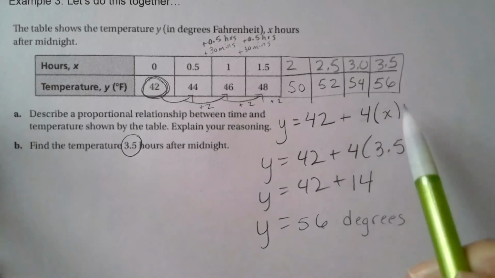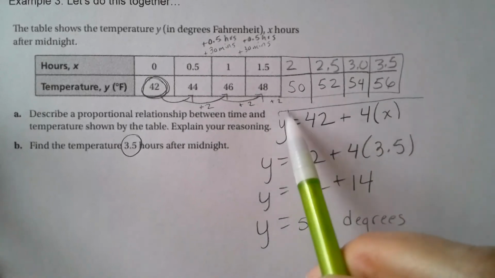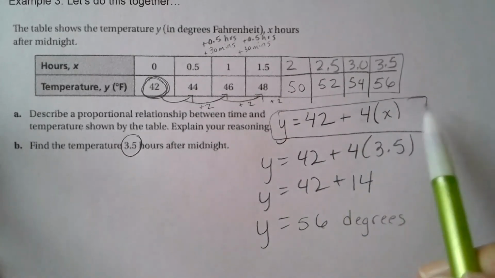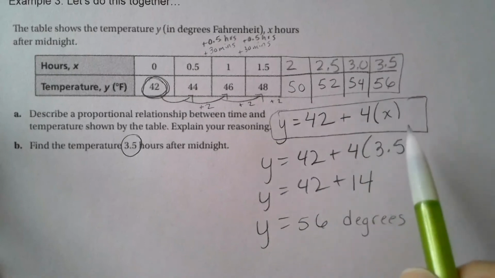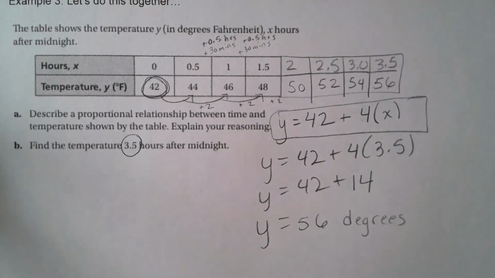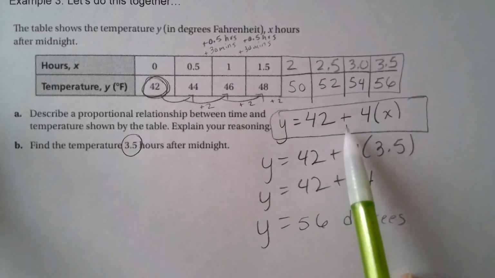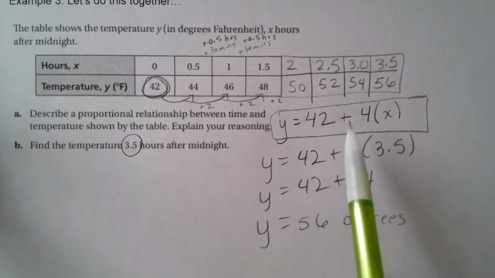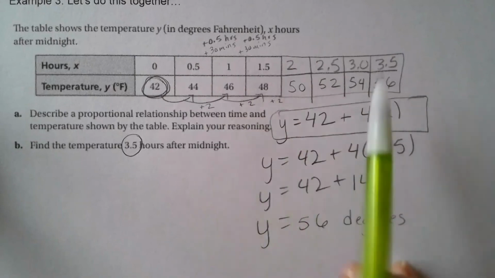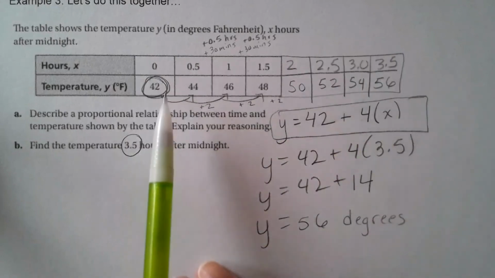All right, so what we have done is we have determined that there is an equation, right? Because we talked about tables representing proportions. We talked about the line graphs representing proportion. And so now here we have this equation that can determine this outcome after midnight.